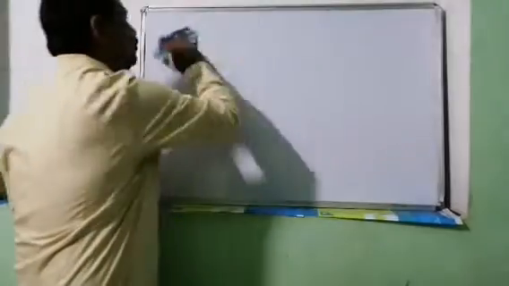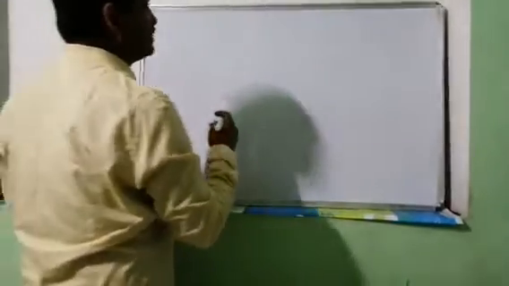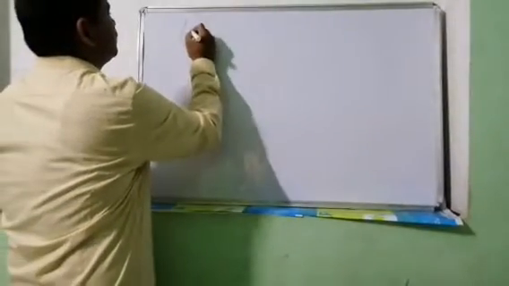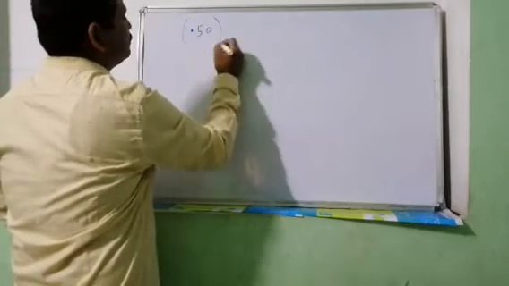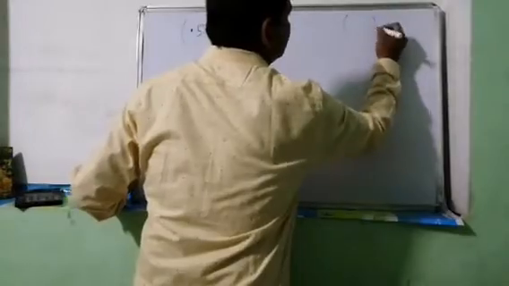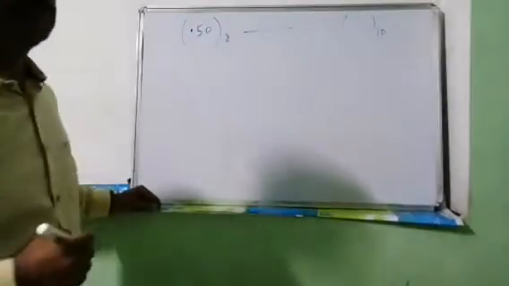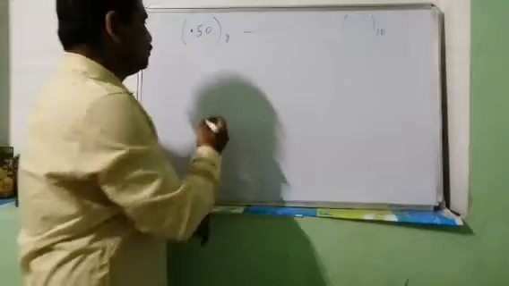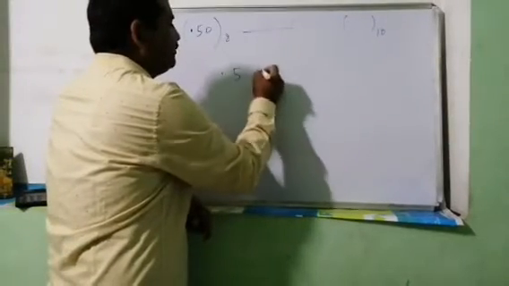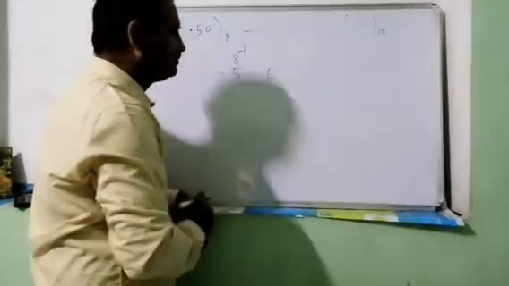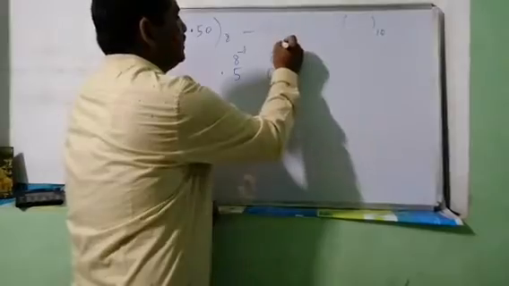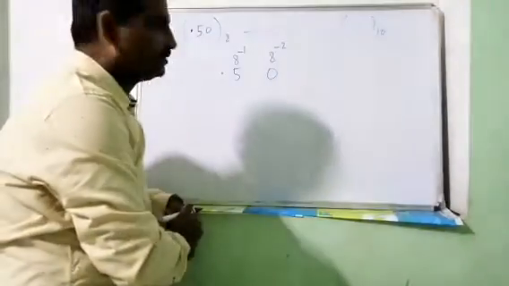Now we will learn how to convert octal fractional part to decimal. So assume that this is the fractional part. 0.50 octal to decimal we need to convert. The process we have to do: 0.50. This is 8 to the power minus 1. This is 8 to the power minus 2.